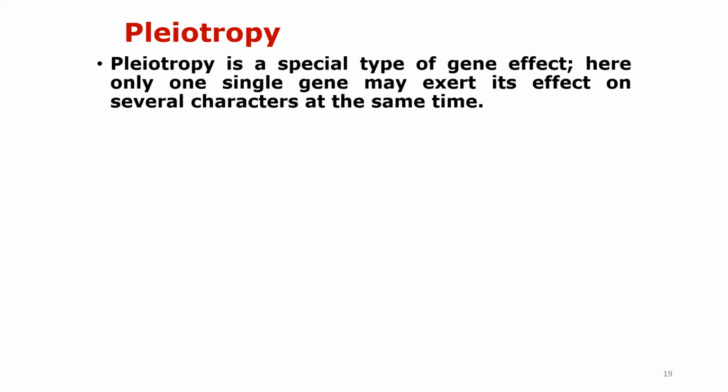Now, pleiotropy is a unique type of gene effect. It's not among the basic three types that we have looked at, but it's a special type of gene effect. And in this case, what we have happening here is one gene is shown to have different effects on several characters at the same time.